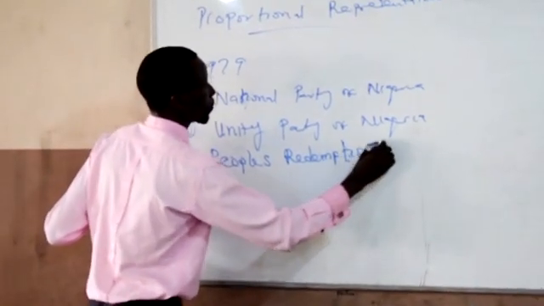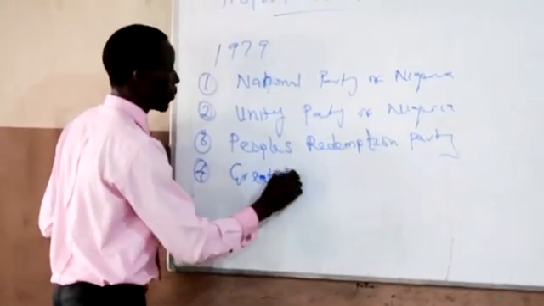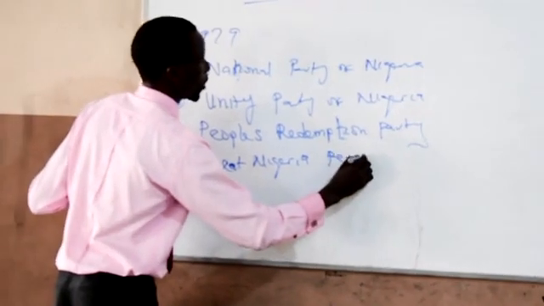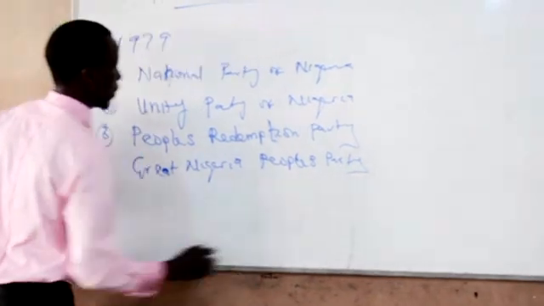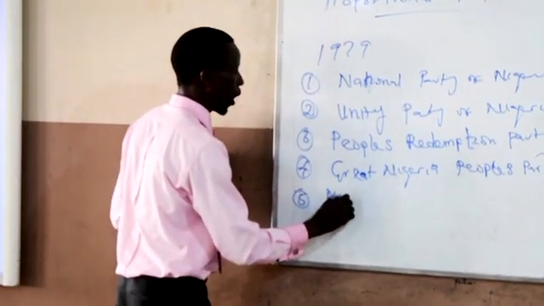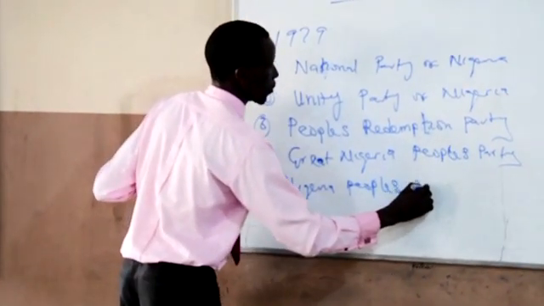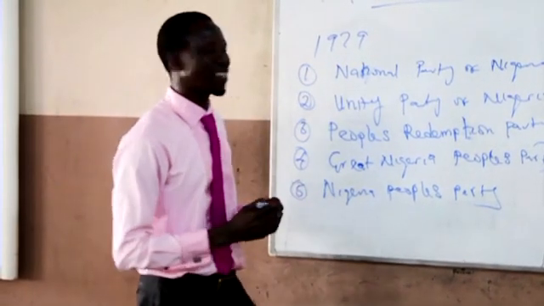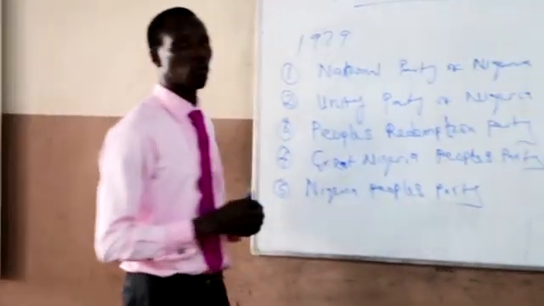And then we have the Nigeria People's Party. So these were the 5 political parties we had in Nigeria as at 1979, Second Republic.